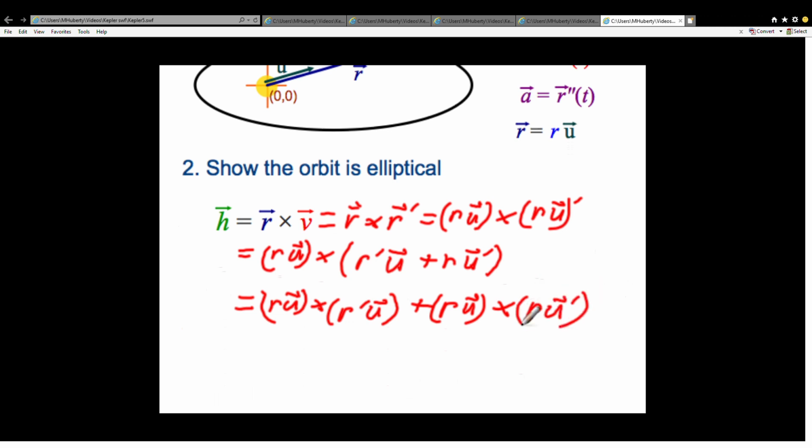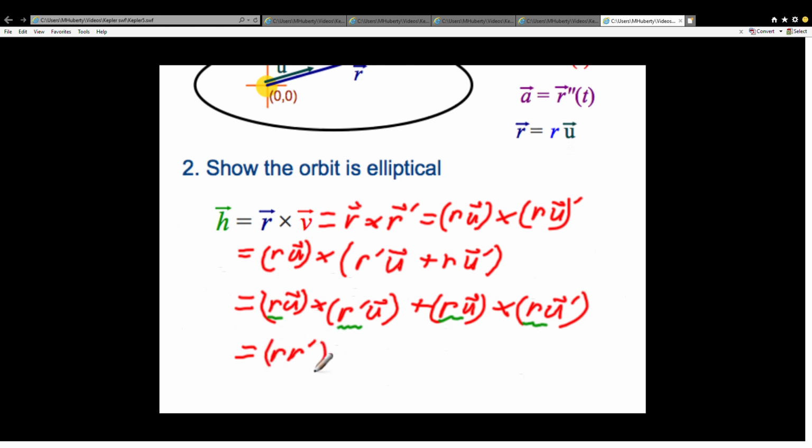Okay. So although cross products are not commutative, we have the scalar multiplications taking place in here, the r's and the r primes. And in fact, those can come up front because they're scalar multiplied. So we're going to have r times r prime. That's just regular multiplication for scalar functions.